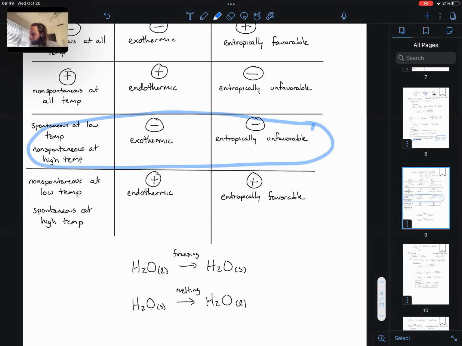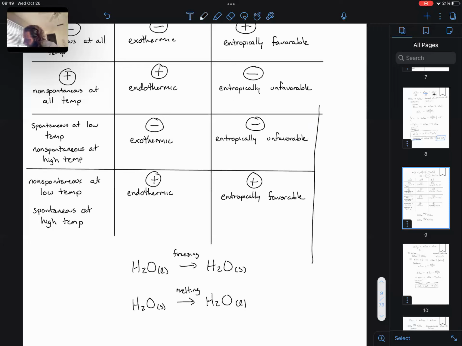Well, entropically unfavorable would be the one that creates more order, right? Not only that, but in freezing, in order to get to that solid phase, the liquid has to get rid of a bunch of heat. So that would be an exothermic process. And so an example of this category here would indeed be freezing.